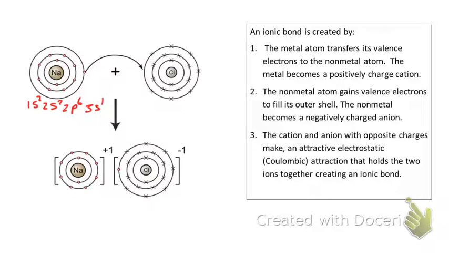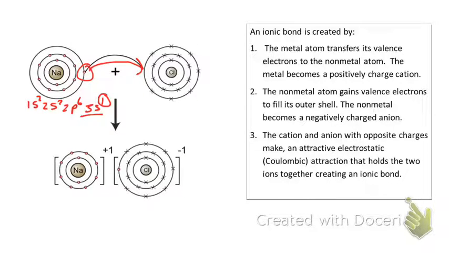So the valence shell for sodium is the third energy level, and it has one electron in the valence shell. And so sodium is going to lose one electron to the nonmetal. In this case, it's going to be chlorine. So that electron is going to be transferred directly to the chlorine atom.